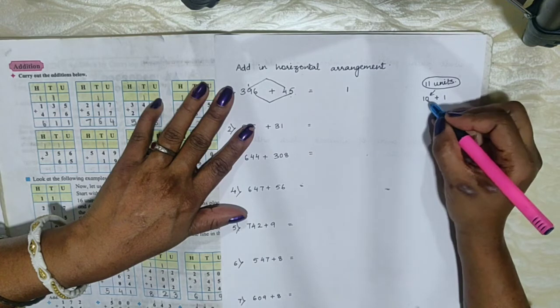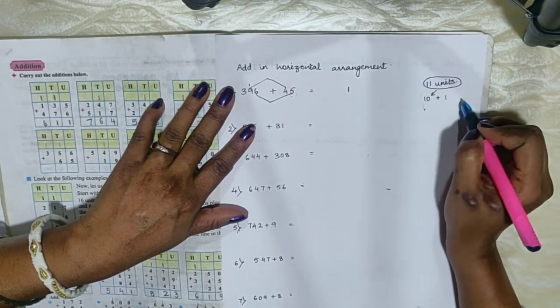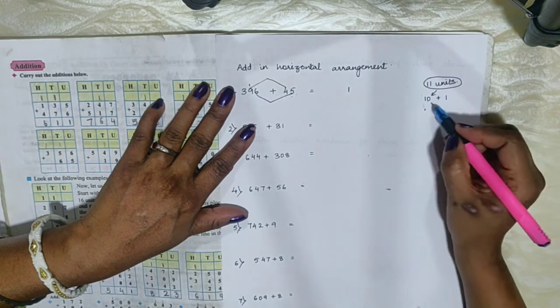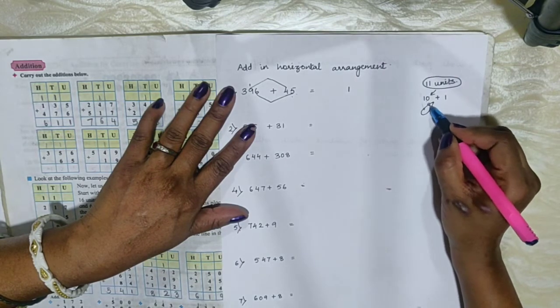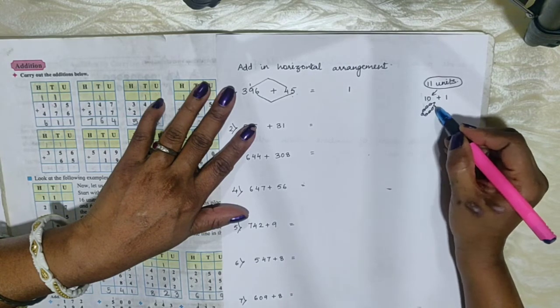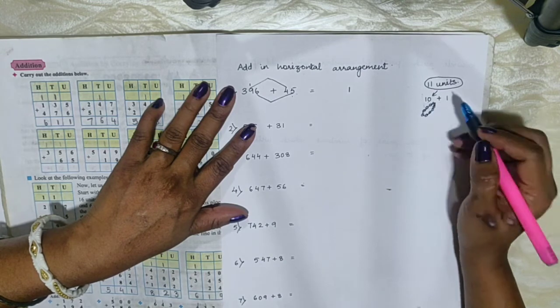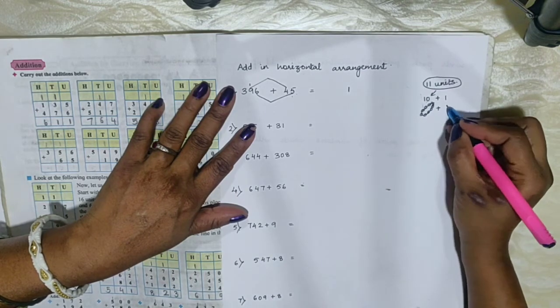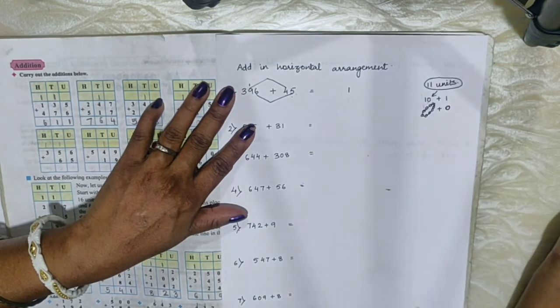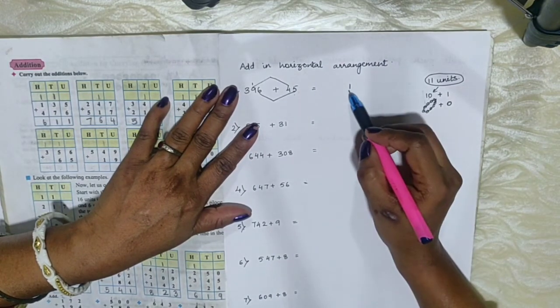Okay, 10 plus 1 is 11 units. No need to write this, but I'm just showing you. So this is 10 plus 1. Okay children, so you can't write 11 here.